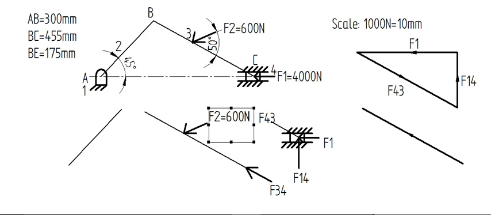So 600 newtons, if you convert it into the millimeter scale, you get a small value of just 6 mm. So from here, parallel to this, I will take 6 mm.